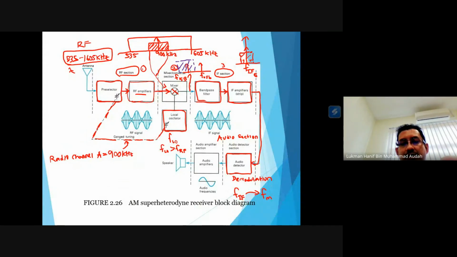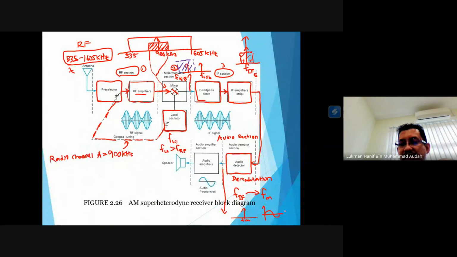So at the output of the detector, we already produce a cosine signal at frequency FM.